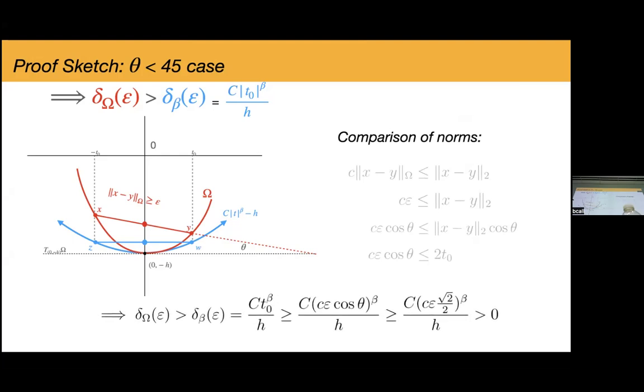Okay, so there we go. Yeah, you end up, I wish I had the laser here, but we do end up getting that the modulus of convexity that we wanted for omega is greater than some constant c times epsilon to the specific power of beta in the end. So it is beta uniformly convex.